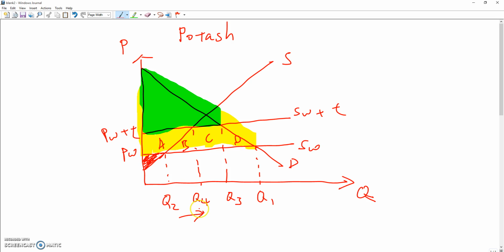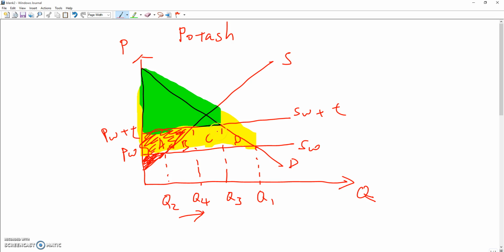Therefore, my new producer surplus is now to the left of Q4, below the new price, and above the supply curve. So now this entire area is my producer surplus. Hence, A has transformed from consumer surplus to producer surplus, so it's part of society. You cannot consider A deadweight loss.